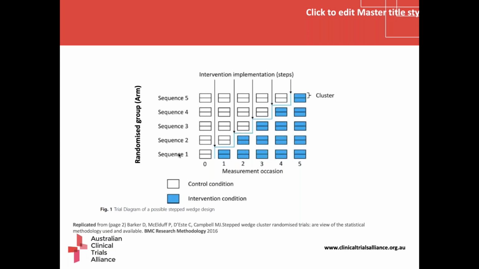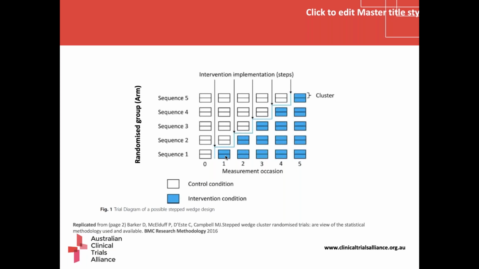So the key characteristic of stepped-wedge cluster randomized trials is that all clusters start in the control phase. And then the randomization determines the order in which the intervention is implemented. So here you've got the sequences 1, 2, 3, 4, 5, and the first group that gets randomized switches over to the intervention phase.